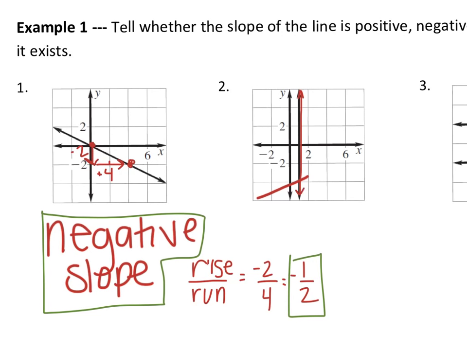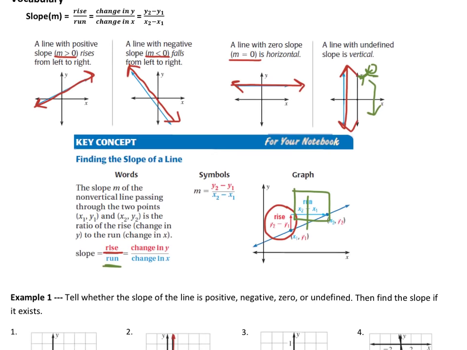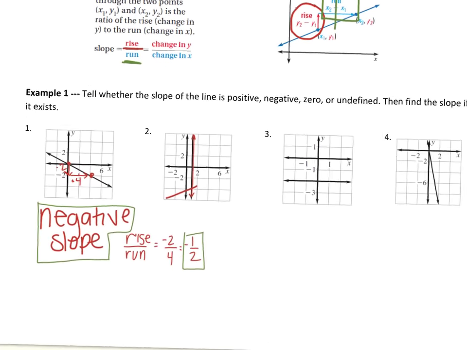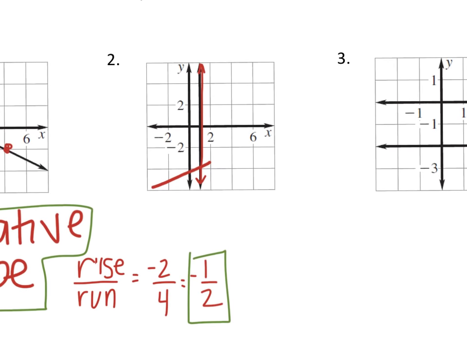So if I use my cheat sheet and go all the way back to the beginning, I knew it was a special one because if I put a person here, Miss Zarnes drew this fabulous green person, they'd be falling off of a cliff, right? So I knew this was kind of a unique one. And if I fall off a cliff, I'm going to have an undefined slope.